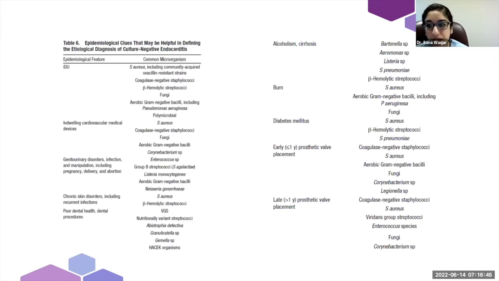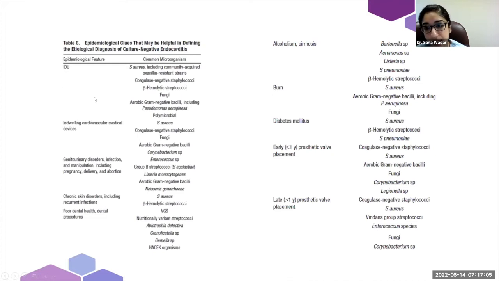Okay, so this is a table of causative organisms in relation to underlying risk factors. With injection drug use, you can basically see anything, but gram-positives make up the bulk of the microbiology.